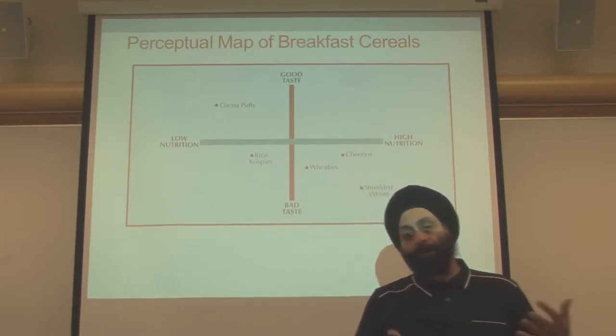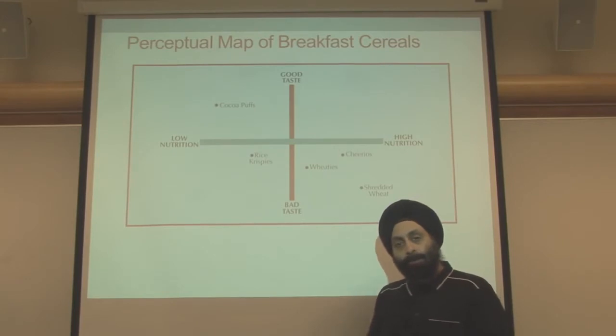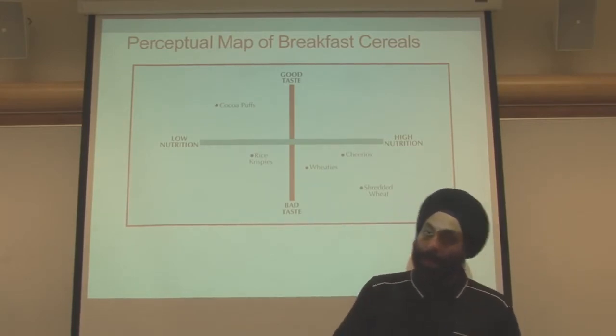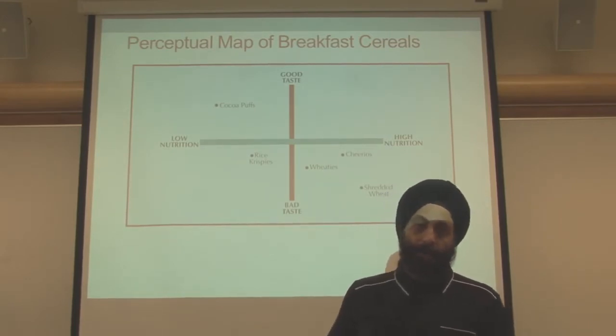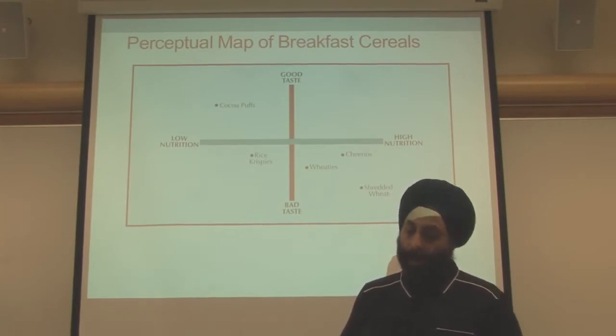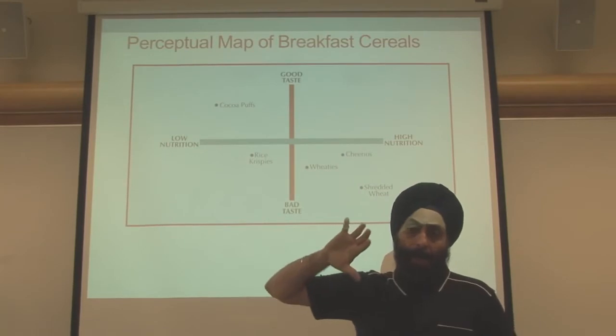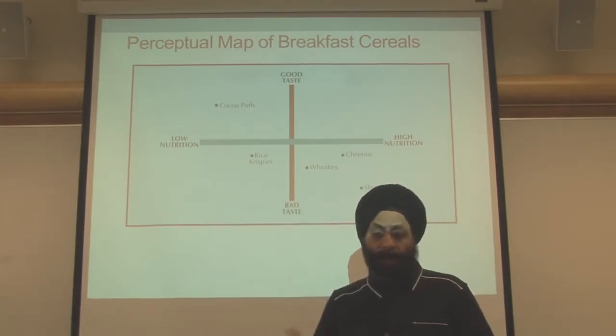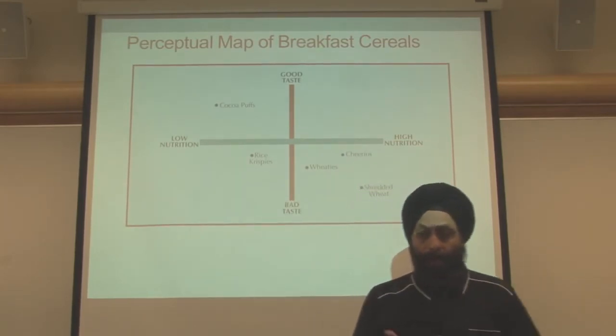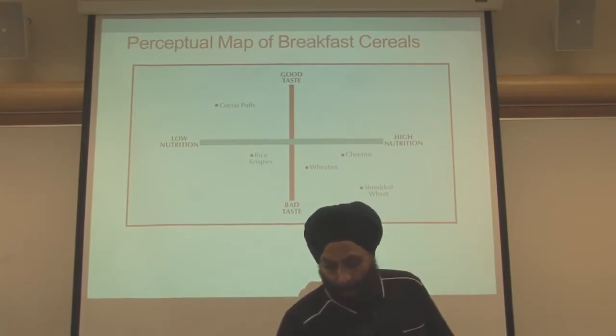They're trying to convince the consumers that it's not only high nutrition, but it's actually good tasting fiber. So that is trying to convince people to change their perception about the Fiber One product choices that are being offered.